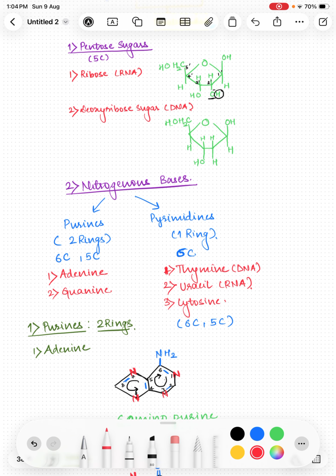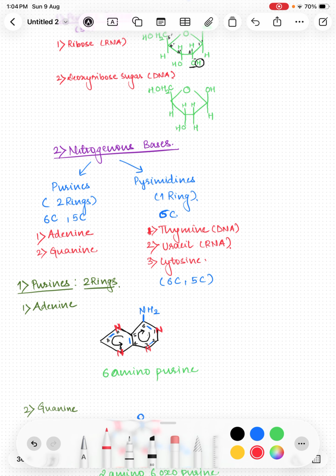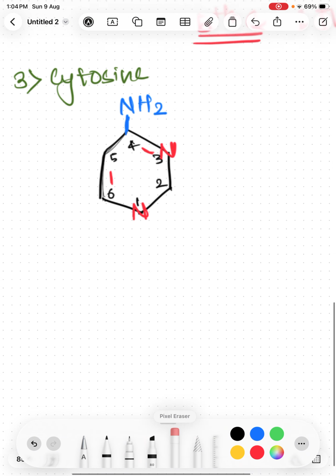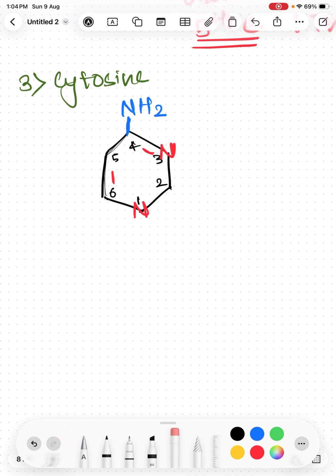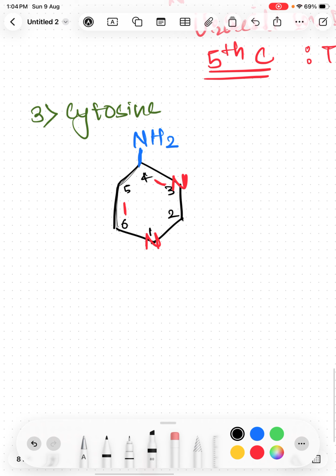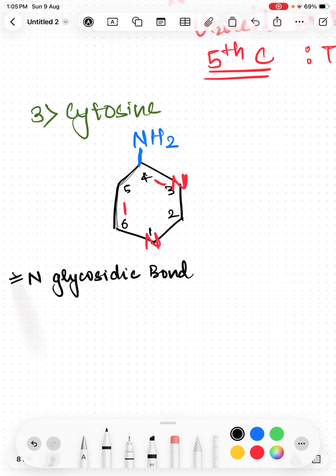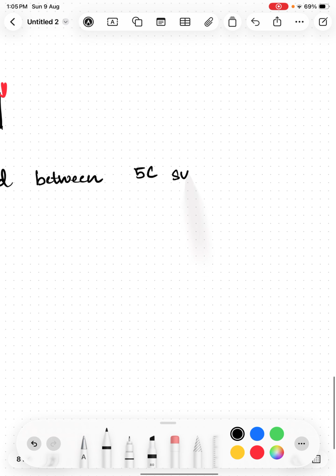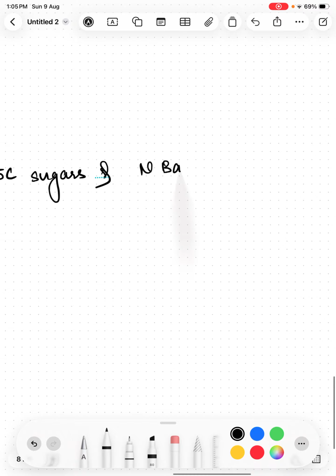These nitrogenous bases and pentose sugars are joined together by an N-glycosidic bond. They make an N-glycosidic bond between pentose sugars and nitrogenous bases.